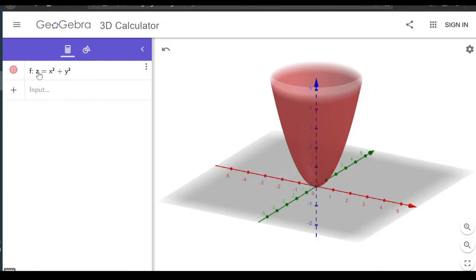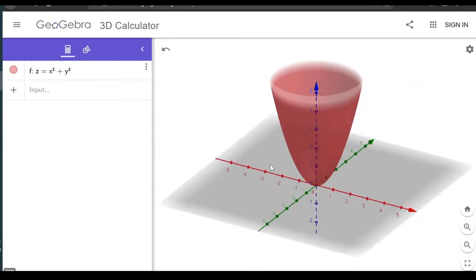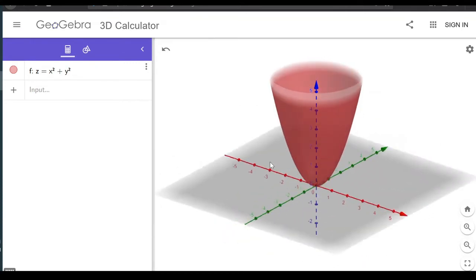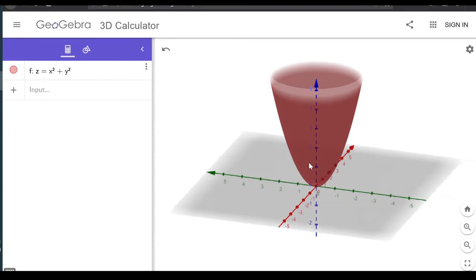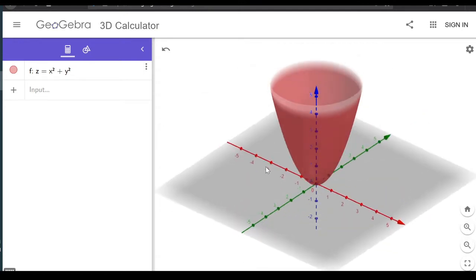And in this case, I've typed in the three-dimensional extension of the parabola equation. No longer y equals x squared, but z equals x squared plus y squared. And it creates the same sort of bowl shape, but that bowl shape has just been extended so that it's three-dimensional. So not a 2D cutout of a bowl, but an actual three-dimensional bowl, or the top of a marker if you prefer.